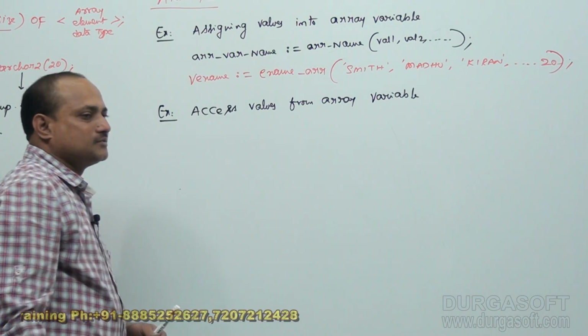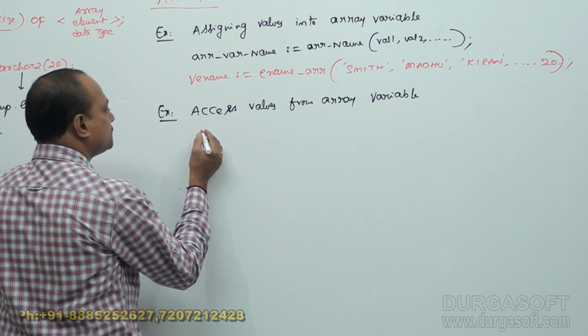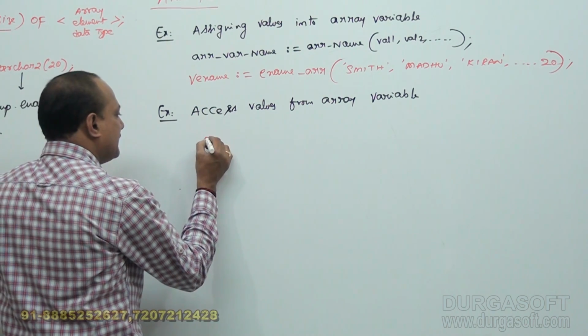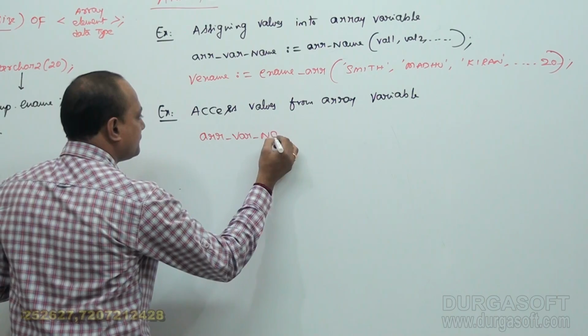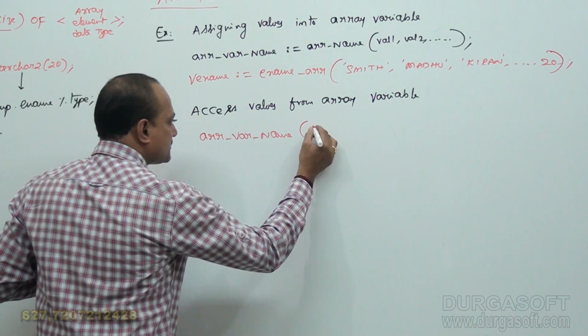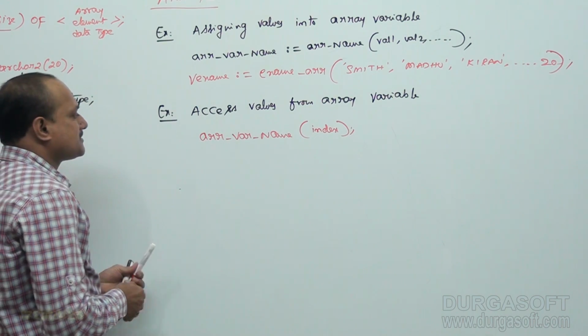How to access values from array variable? Simple. Just now I told you. Say here, variable name, array variable name of some index. Finish.